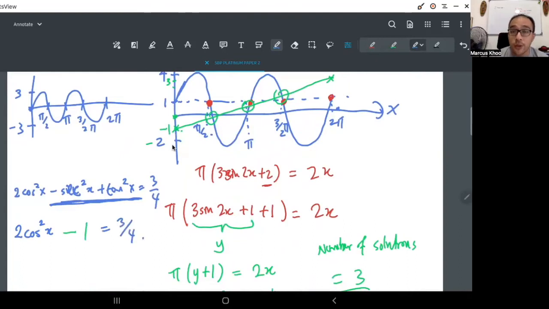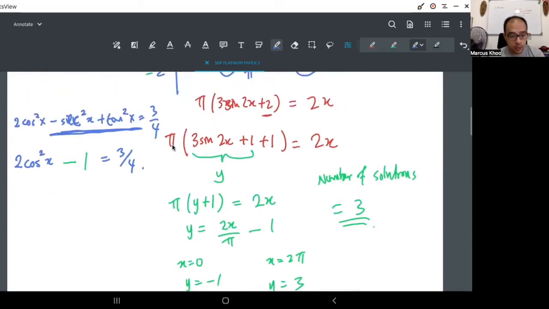You want to avoid the mistake of forgetting the minus. Since this is a squared term, you definitely know that you have to do quadratic equations. So 2 cos squared x minus 7 over 4 equals 0.